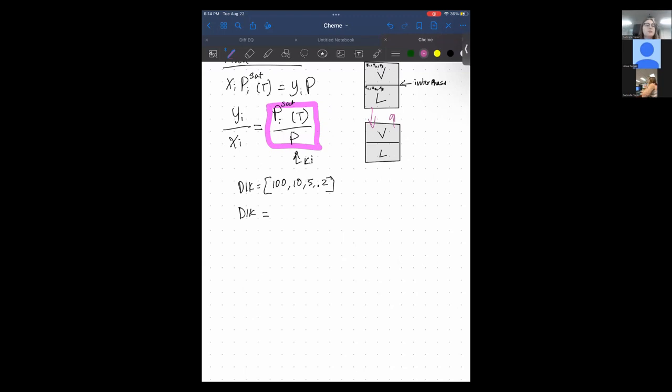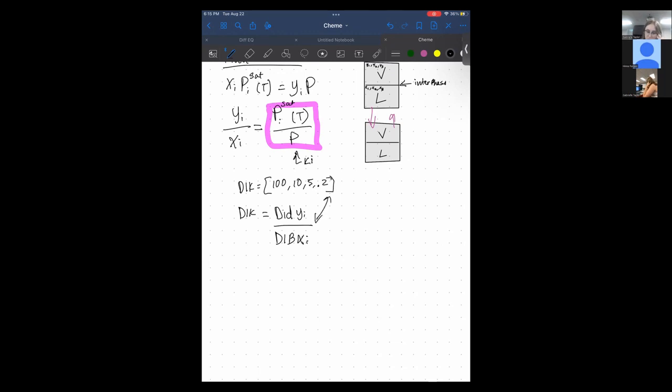So let's write this down. Let's do our distillate, D1D, our distillate, times Yi, which is the mole fraction of the vapor phase, divided by the backflow of water from the distillation chamber, and times the mole fraction of our liquid.